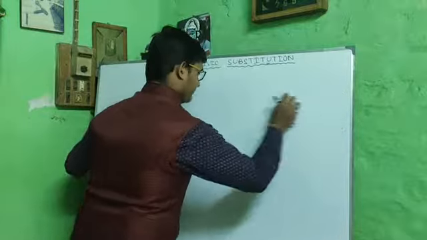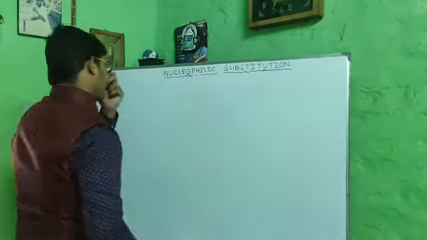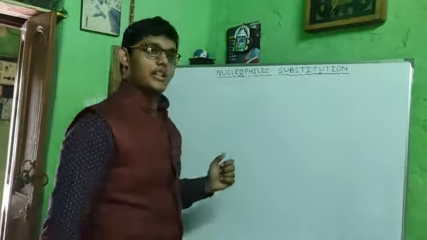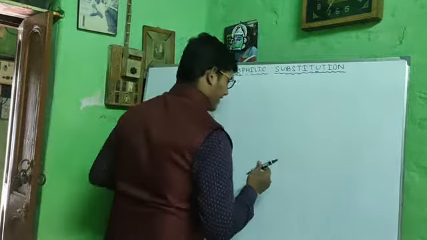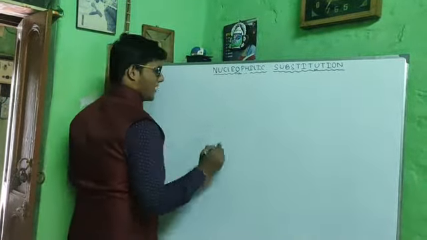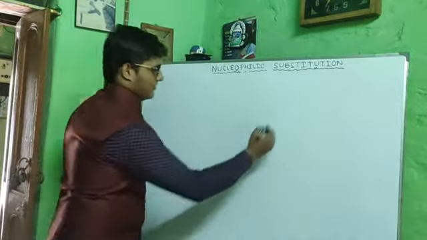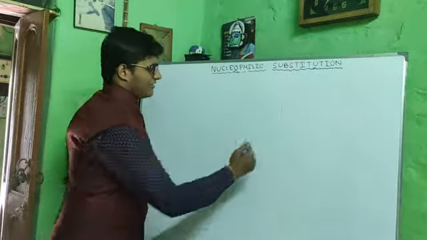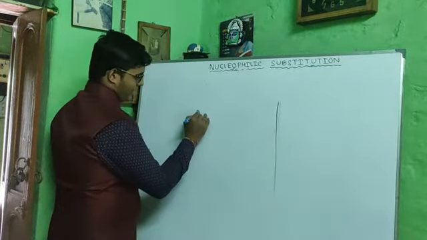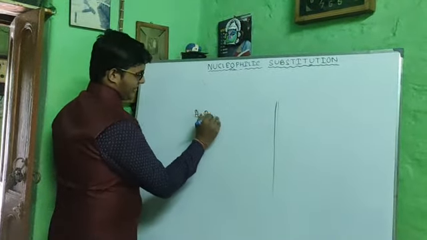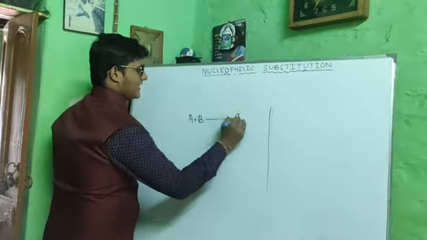Next, we have to learn what the molecularity and the order of a reaction are. It will help us in our further discussion. First, there are two types of reactions: elementary reactions and complex reactions. An elementary reaction is a reaction that occurs in a single step.